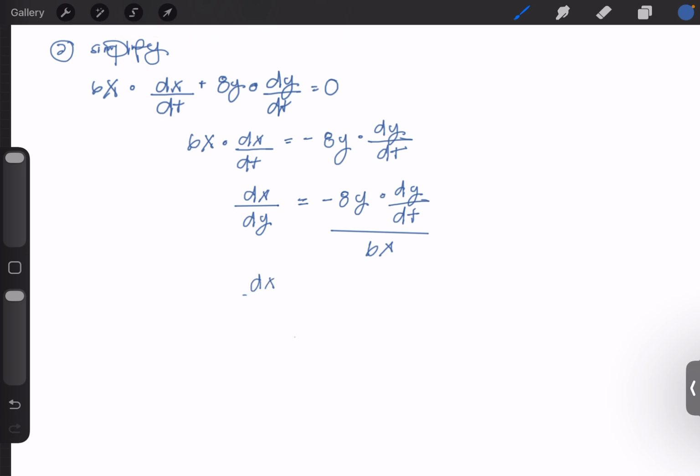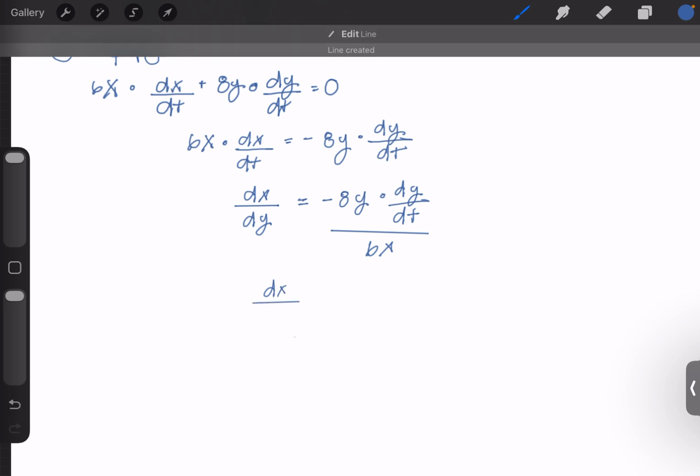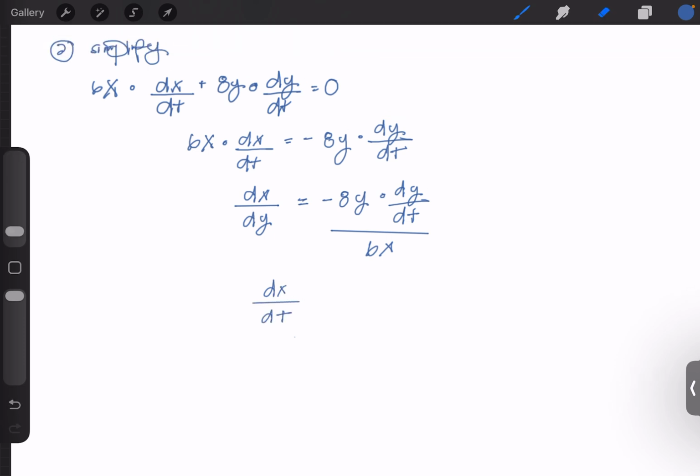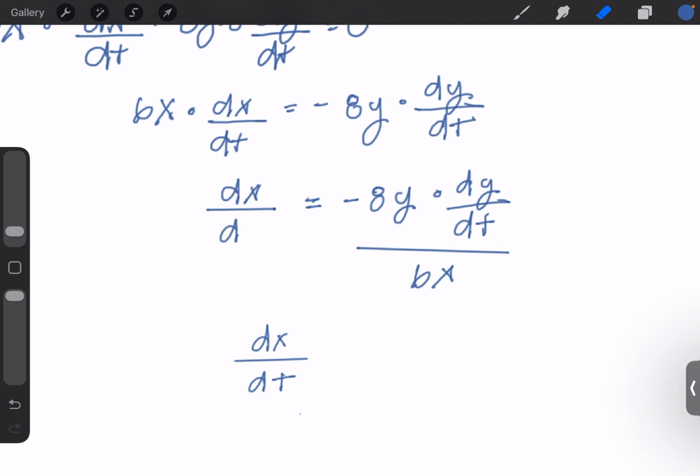So the derivative of x with respect to t. Sorry, I think I made a mistake here. I wrote y instead of t.